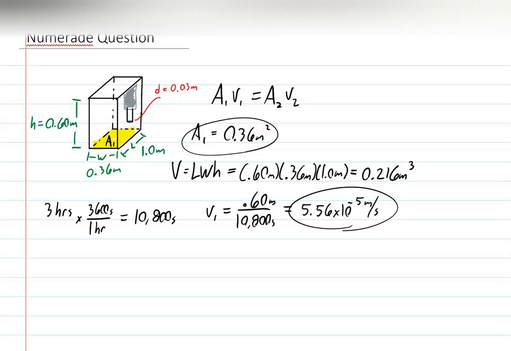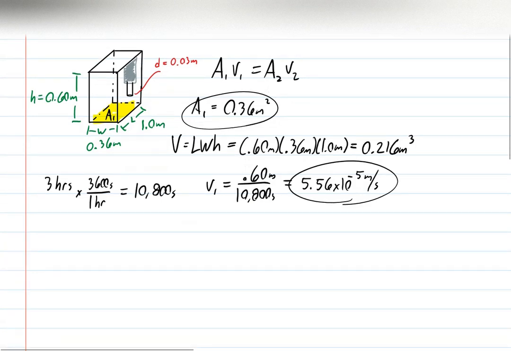We want to know how quickly the water is flowing in this little input tube here, and that would be V2. That's what we're trying to identify here. To get A2, all we have to know is that the cross section of a cylinder is a circle, and the area of a circle is just pi r squared.